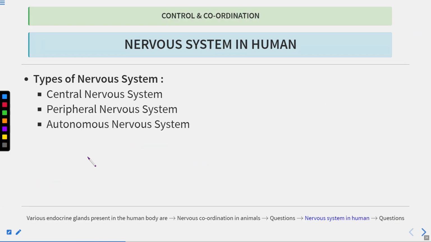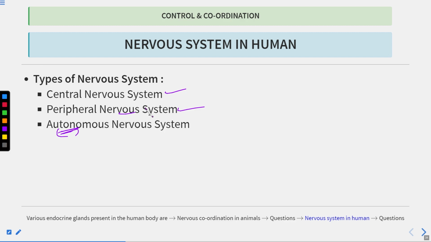Now let's talk about the types of the nervous system. In the previous lecture, in the beginning, we discussed that the nervous system basically consists of the central nervous system and the peripheral nervous system. There is one more nervous system known as the autonomous nervous system, that is a part of the peripheral nervous system, you can say. Clear?